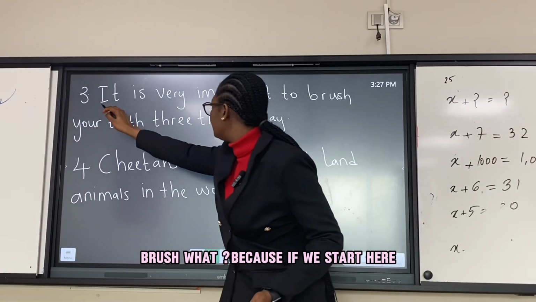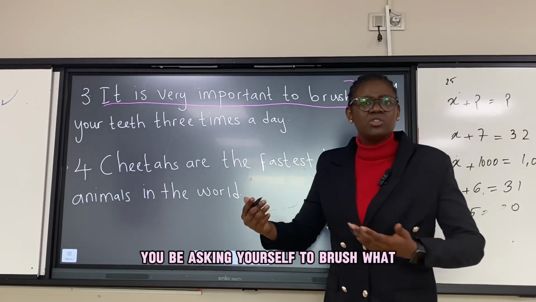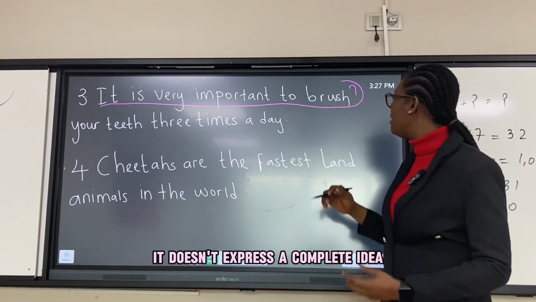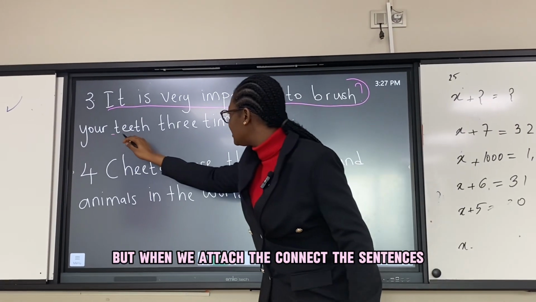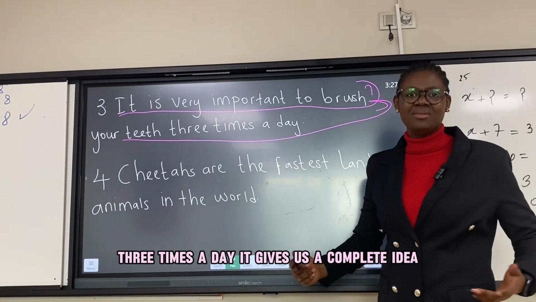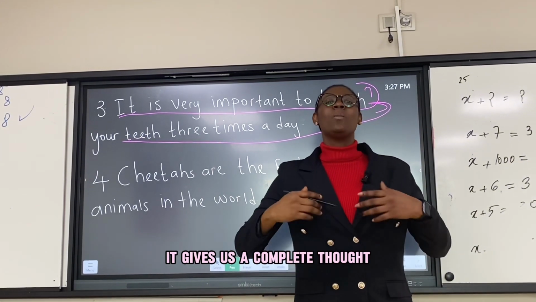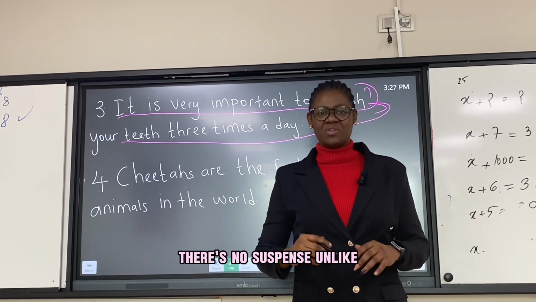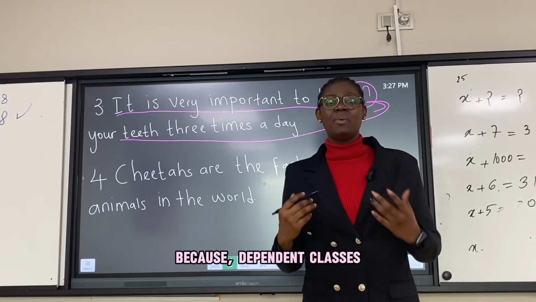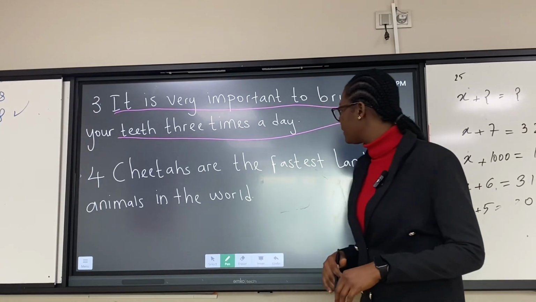If we start here, you'll be asking yourself, to brush what? It doesn't express a complete idea. But when we connect the sentences, "It is very important to brush your teeth 3 times a day," it gives us a complete idea. It gives us a complete thought. There is no suspense, unlike dependent clauses, because dependent clauses keep us in suspense.